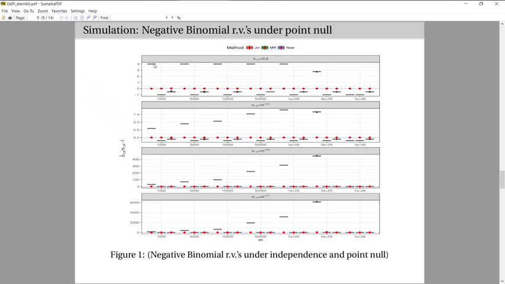The left box plot is for Jin's estimator, the middle one for the MR estimator, and the right one for the new estimator. The red diamond is the standard deviation of the corresponding estimator. We can see that the new estimator in general outperforms Jin's estimator and the MR estimator.